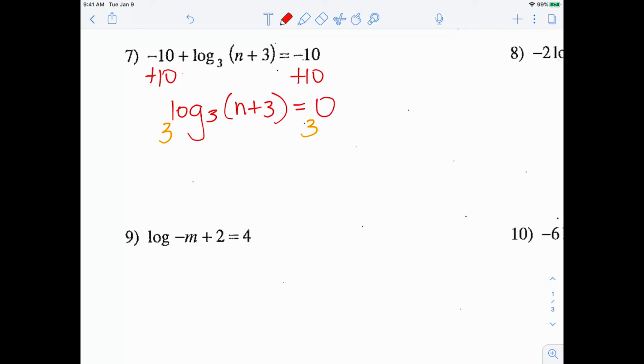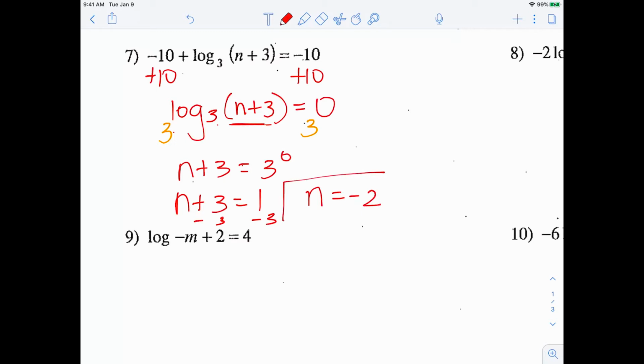Then because my exponential base and log base are the same, this left side will simplify to n plus 3 equals 3 to the 0. 3 to the 0 is just 1, so we end up with n plus 3 equals 1. Then we subtract 3 from both sides, and n will equal negative 2. And then that is our final answer.